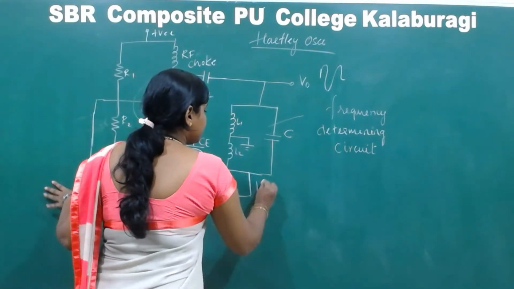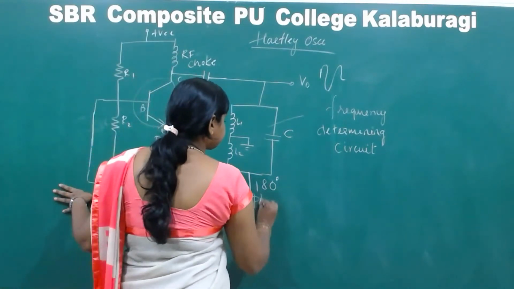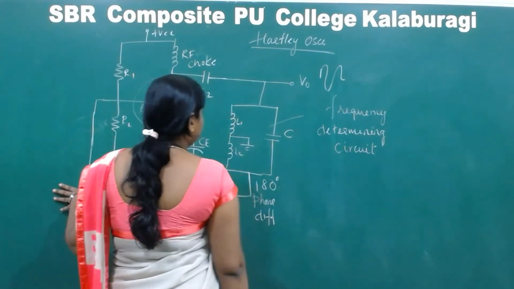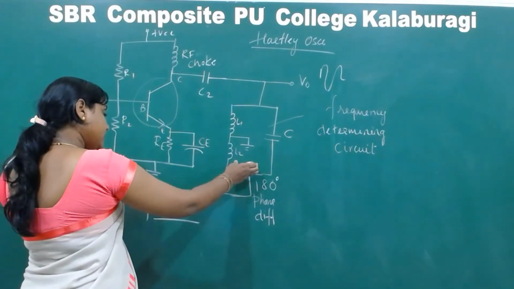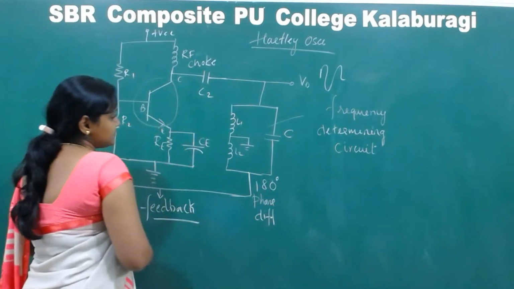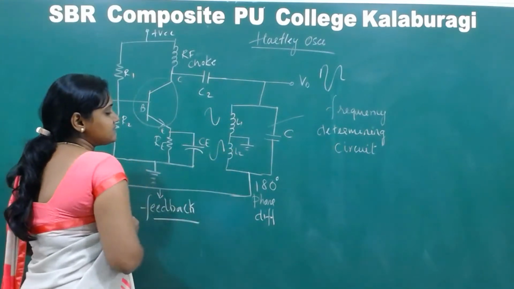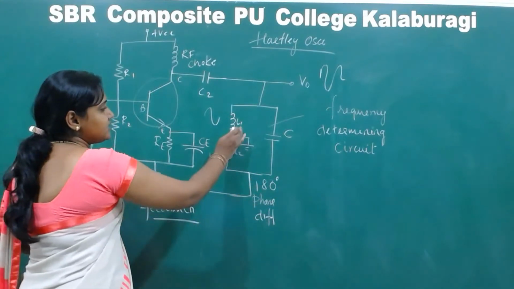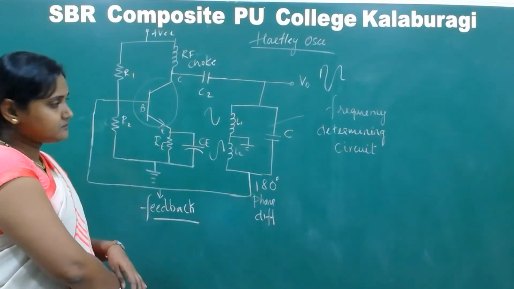So the feedback network, otherwise the frequency determining network, is going to introduce a 180 degree phase difference. If L1 is having this signal, L2 is going to have this signal. That means the voltages across L1 and L2 are out of phase by 180 degrees.